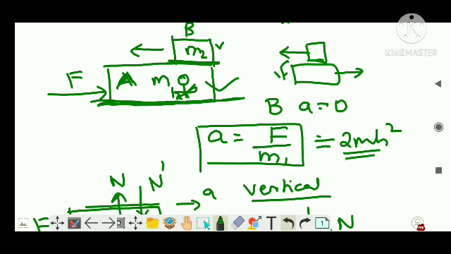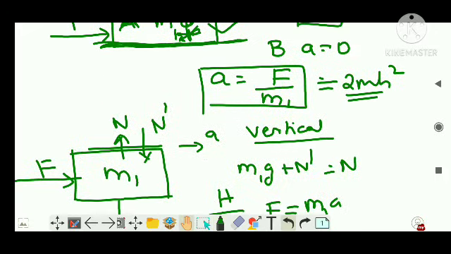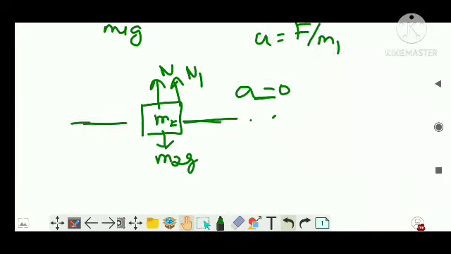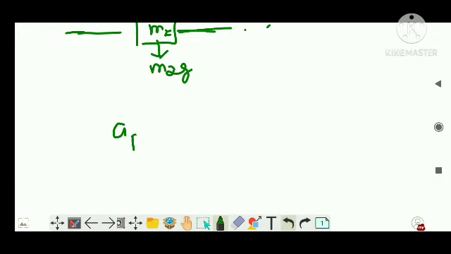I'm just telling you an example. That means the person inside the block m1 will feel m2 is moving at 2 meter per second square in the opposite direction, that is minus 2 meter per second square. Clear? That is, the acceleration of B with respect to A is equal to minus 2 meter per second square.